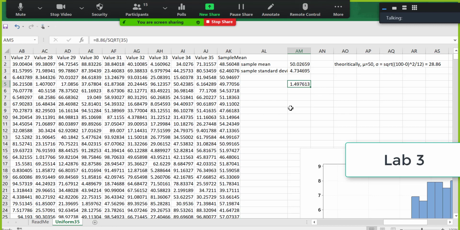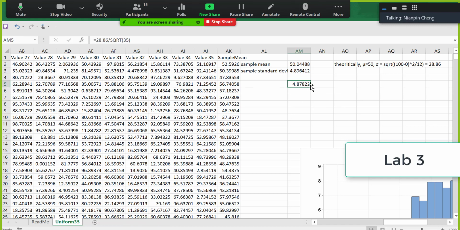So you see this one is quite close. So this is sigma divided by square root of n.